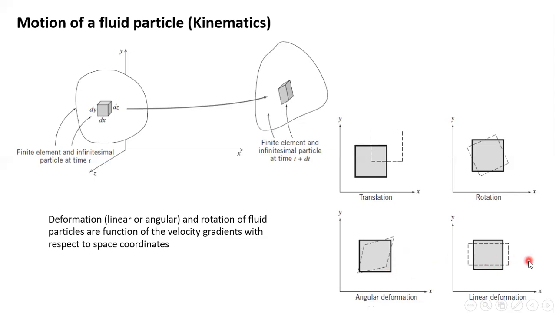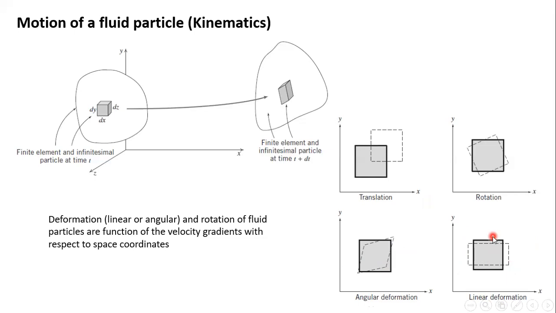Both types of deformation can happen together. It could linearly deform, and it could also deform by angular deformation. Both types could happen. A single type of them could happen. All the options exist. Okay.